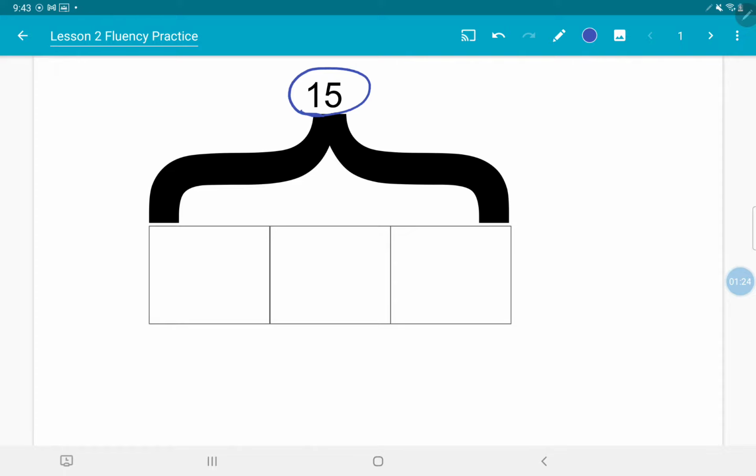So on your work mat, I want you to write the value of this unit that's shown on the tape diagram as a division problem. I want you to write a division problem that would match that diagram.